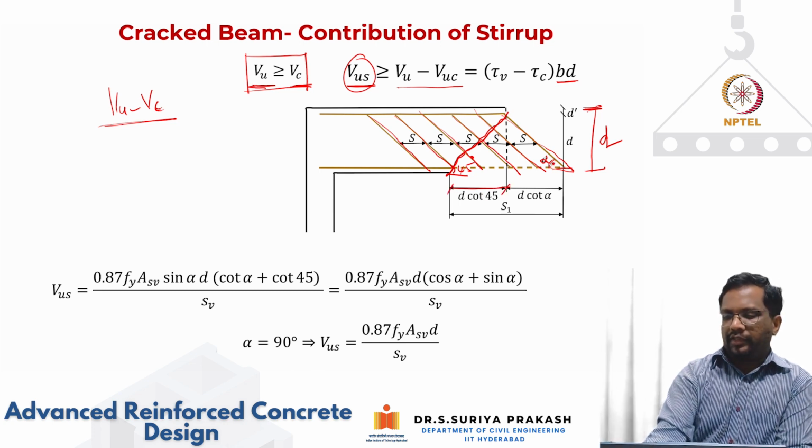And then if I take this alpha, and let's say one stirrup is ending at the edge of this crack, then if I continue until that stirrup, this distance is going to be d cot alpha, because this is again d and this is alpha.